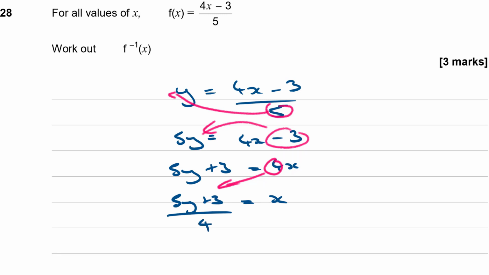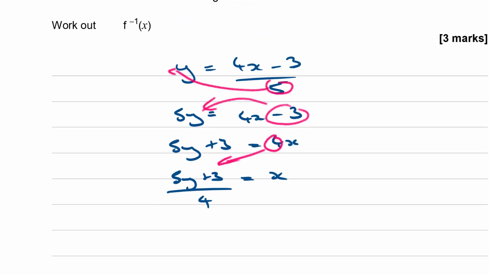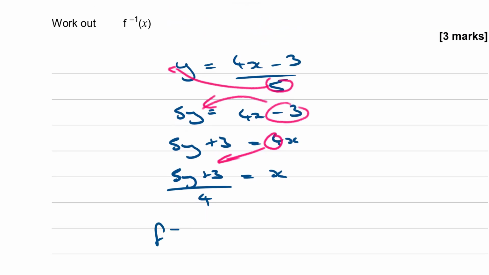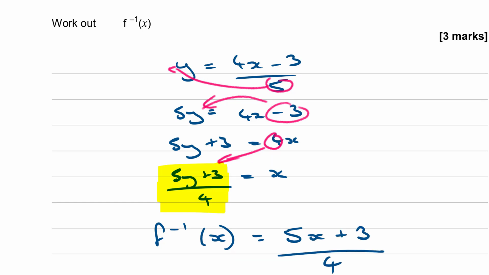Now what we can do is then just rewrite that. So f to the minus 1 of x is equal to that expression again, but rewritten with the y's replaced back for x's. So I can just rewrite that and say, well, that's 5x plus 3 over 4.